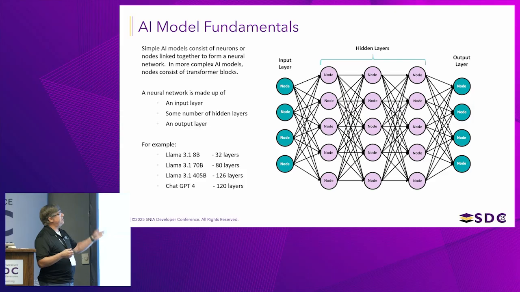But essentially they consist of an input layer where you feed it tokens, some number of hidden layers, and then an output layer. When you take data into these things, one of the things you have to do is tokenize that data. You have to turn it into something the large language model can understand.